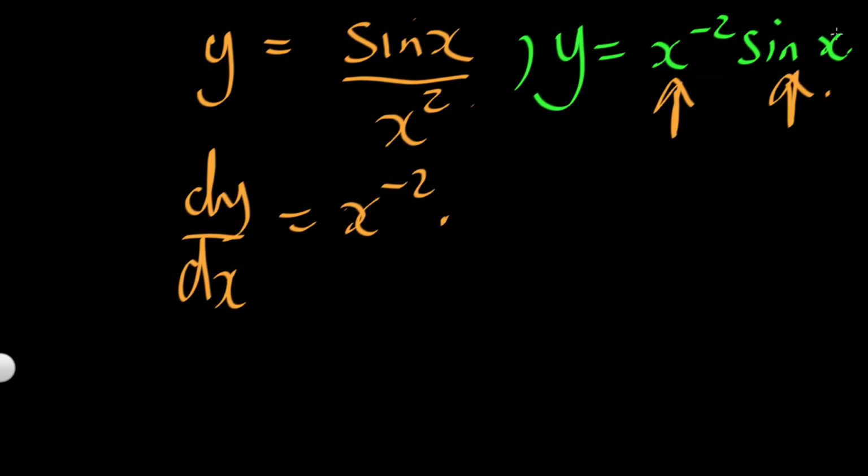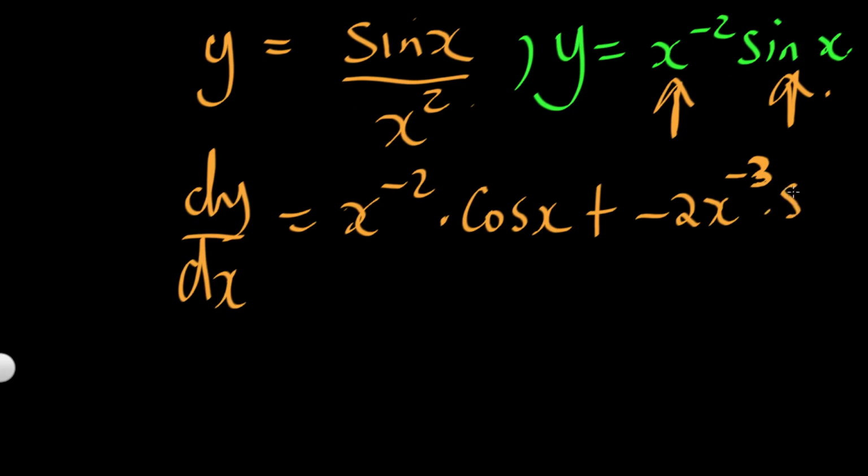I multiply it by the derivative of sine x, which is cos x, plus, now I'm going to differentiate x to the power minus 2. If I differentiate that, I get minus 2 x to the power minus 3. Then I multiply this by sine x.